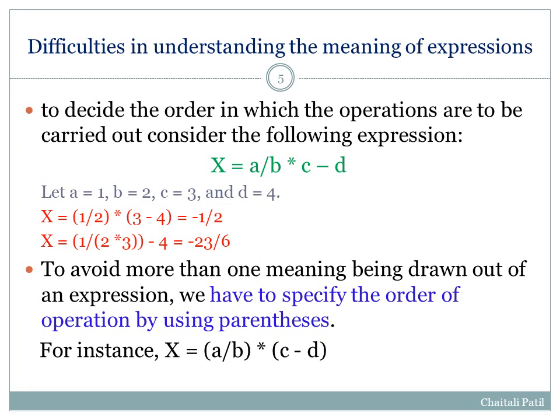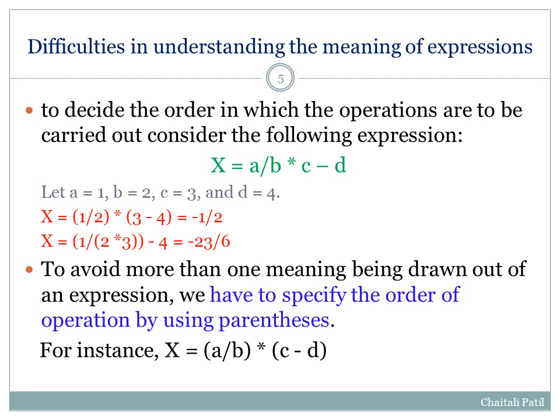different meanings can be drawn from this expression and there can be two or more possibilities for getting the answer. One answer that we can get by considering this order for solving the operators is X is equal to minus 1 by 2.